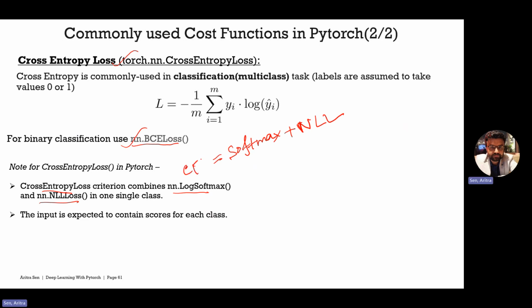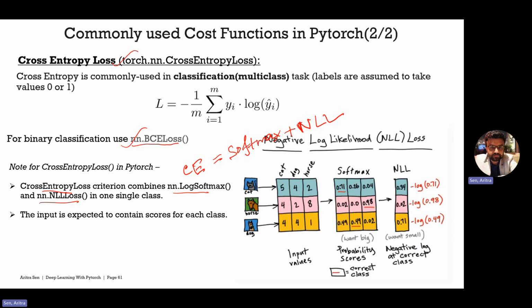Cross entropy loss in PyTorch is a combination of softmax and negative log likelihood. So whenever you are using cross entropy loss, you should not use softmax at the output layer, because it will do the softmax operation twice and your output will not be proper. You need to be very mindful of this when working with PyTorch, about when to use cross entropy loss and when to use the negative log likelihood loss.